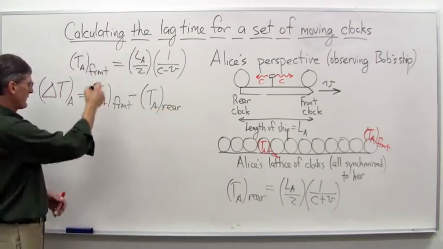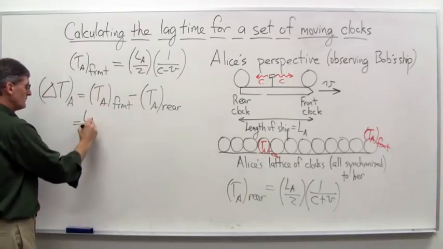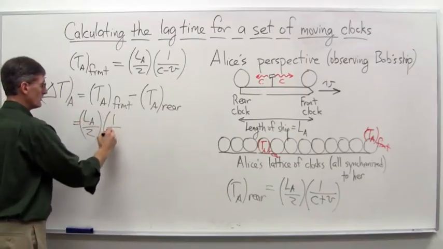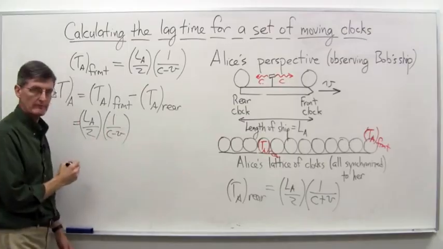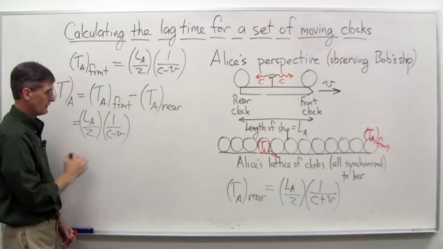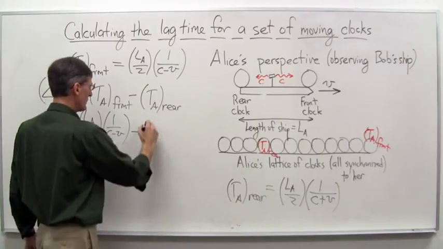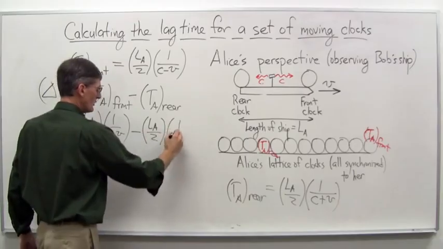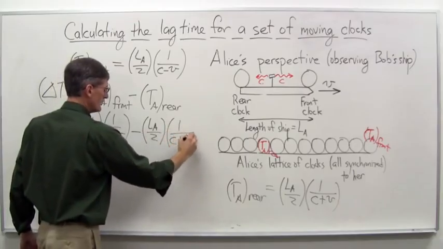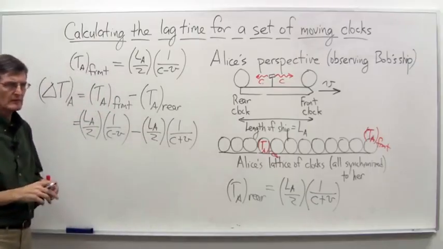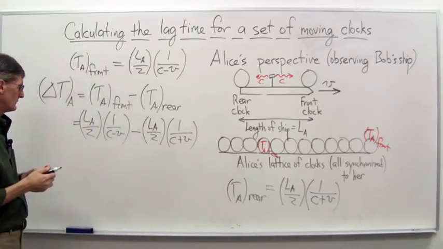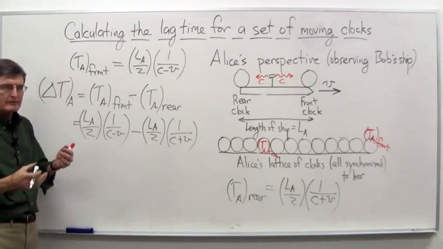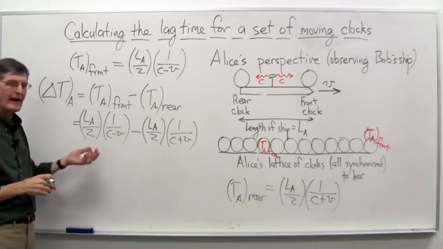And so what is that? Well, we've got our two equations. So we've got LA over 2 times 1 over C minus V, that's from right there, minus our equation down there, LA over 2 times 1 over C plus V.